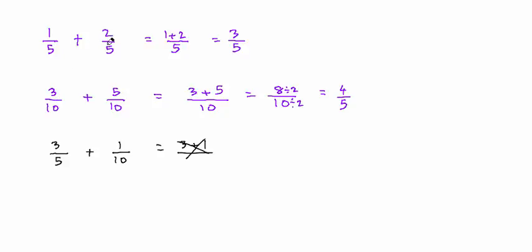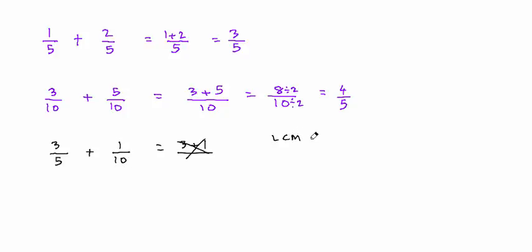So the idea is to get these two denominators the same by finding their LCM and writing down both these fractions in their equivalent forms so that they are on the same denominator. The LCM of the denominators of these fractions is called the least common denominator, or the LCD.